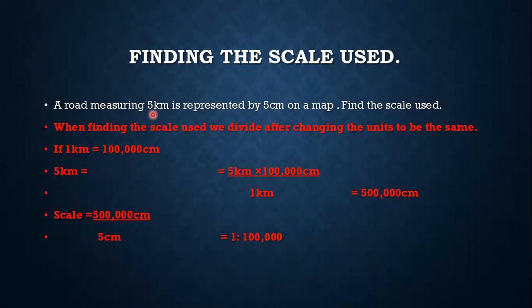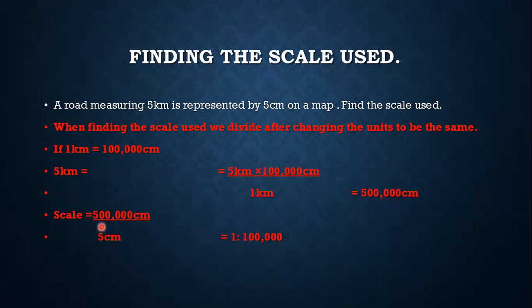So we are dividing 500,000 centimeters by 5. If you divide here, you can cancel. The scale that has been used is, 5 divided by 5 is 1, and 500,000 divided by 5 is 100,000. It is that 1 centimeter represents 100,000 centimeters. In ratio form, we always write without any units.